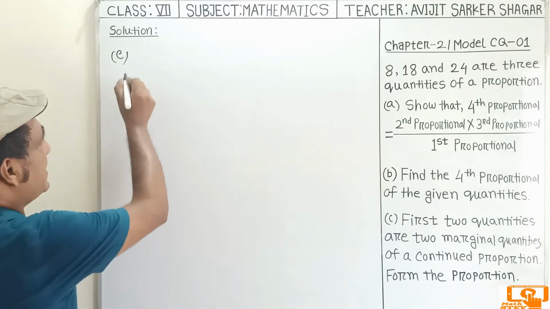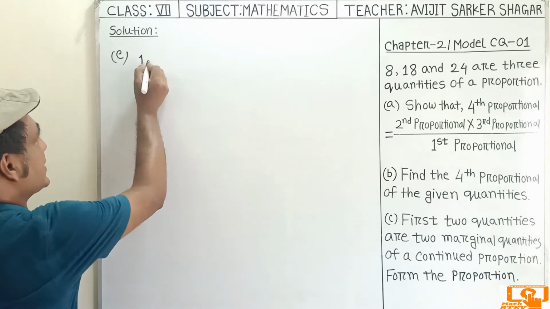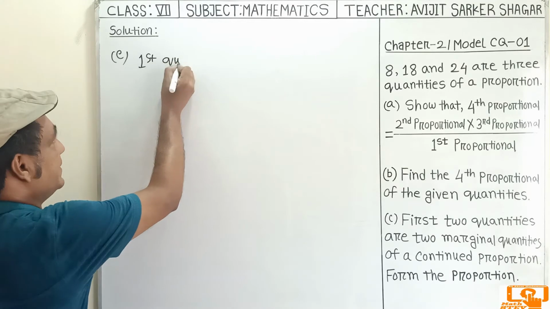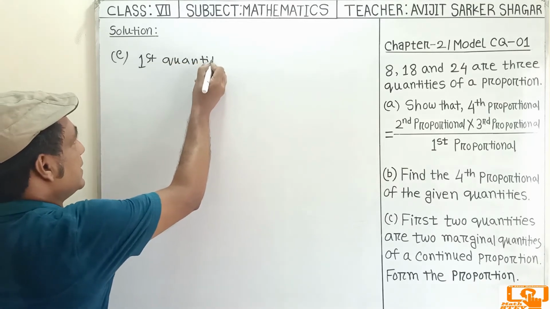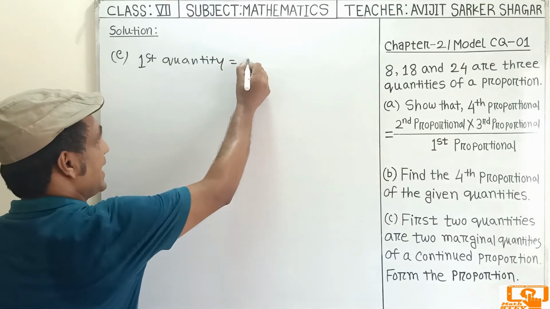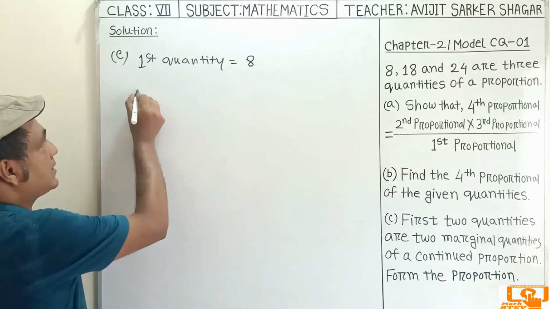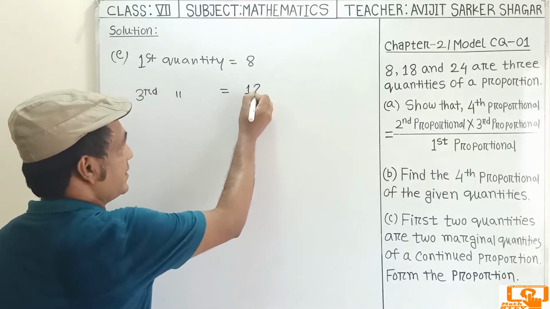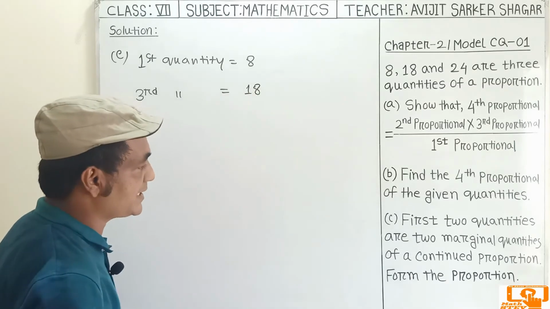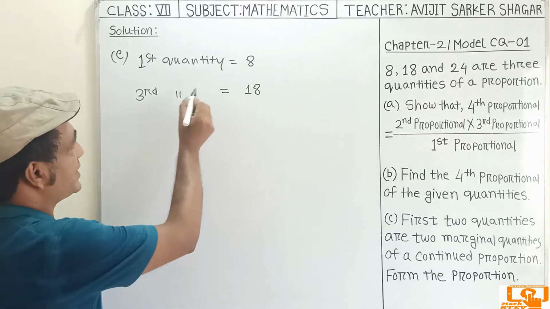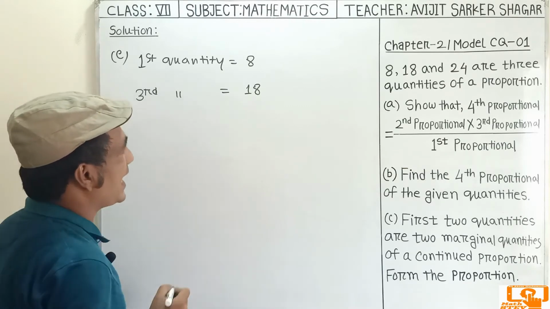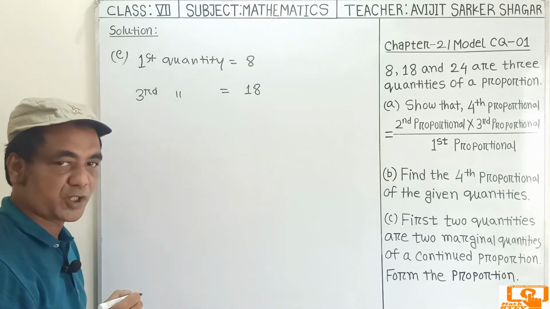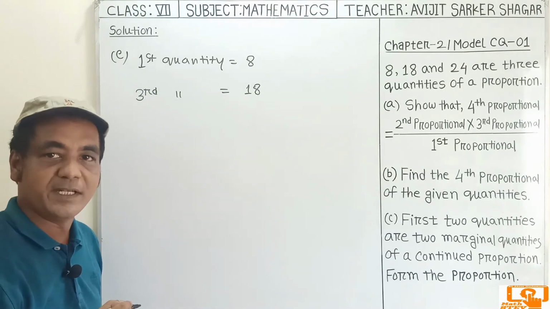Given first quantity, what is the first quantity? 8. Third quantity equals 18, because the first and second quantities given are the two marginal quantities. So the first quantity is 8 and the third quantity is 18. To form the proportion, at first we have to find the mid quantity.